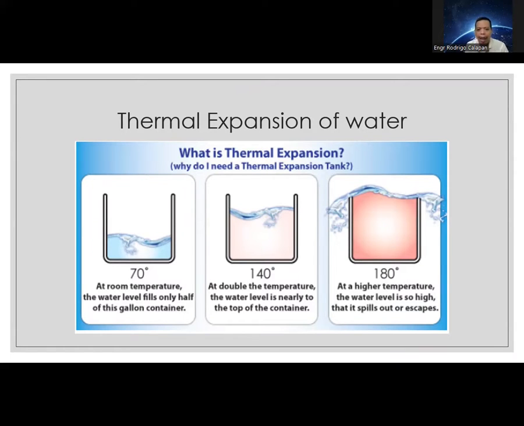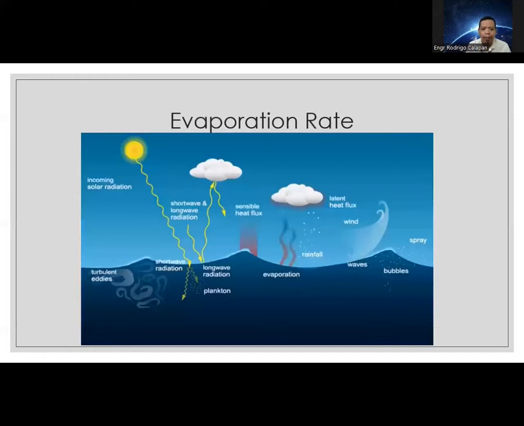That is, the volume of water starts increasing after 4 degrees Celsius. The evaporation rate of water from the sea leads to changes in the volume of seawater, which is indirectly associated with precipitation.